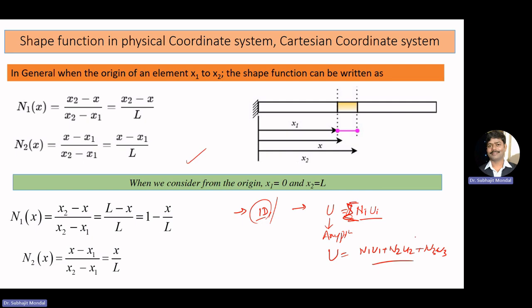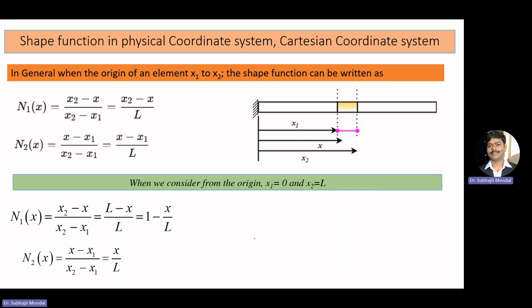So the shape function is a displacement function or interpolation function, which we use to interpolate the value at any point with the help of the nodal values. Here u1, u2, u3 are the nodal values, and N1, N2, N3 are the shape functions, used to interpolate the values within the element.